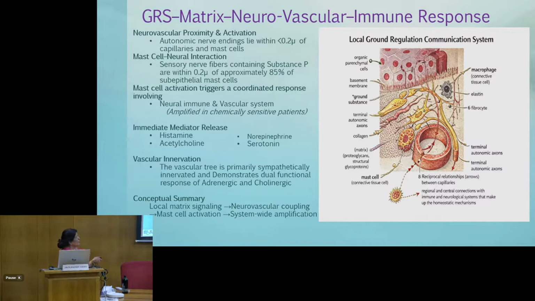In order for the stimuli to go and the body to respond properly, this ground substance has to be maintained in a gel-like substance.